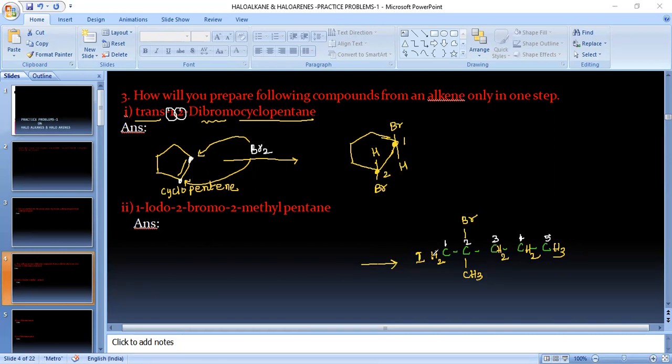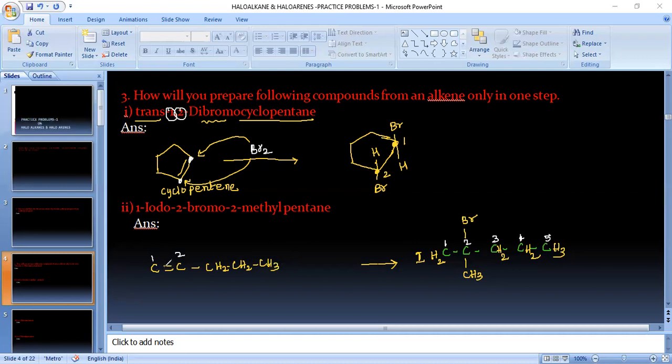What type of halogen atoms are attached between these carbons? Whatever the substrate is, between the first and the second carbon the double bond should be there. 1, 2. This is the logic. The remaining is the same: CH2, CH2, CH3.